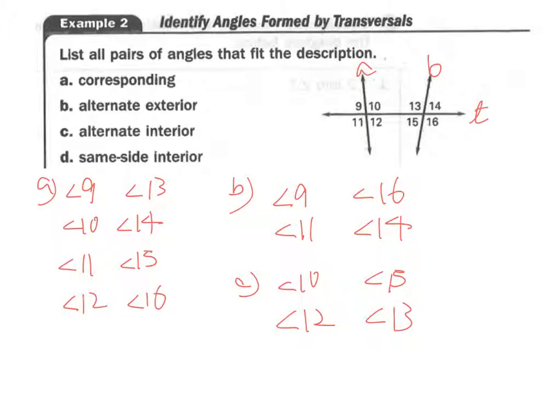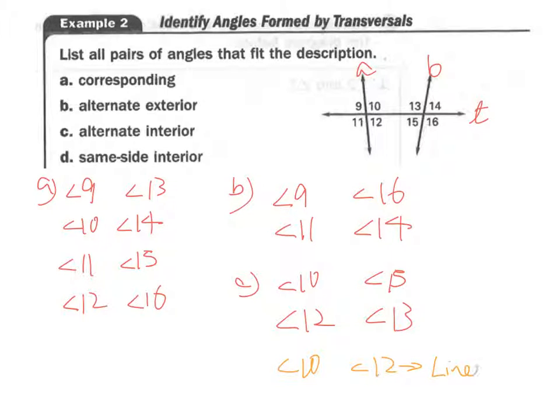Okay, notice that there's a tendency, people are saying, well, 10 and 11 are also alternating. Yes, they are. They're also interior. But why are they not called alternate interior? They're another special pair, right? They are a linear pair.